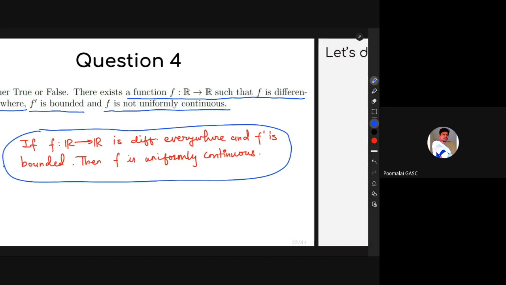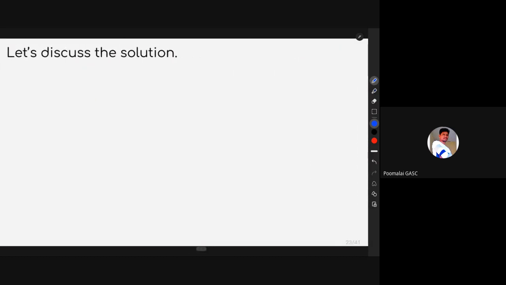The idea here is to use the mean value theorem, and I assume that you are already familiar with the statement of the mean value theorem. I'm going to state it anyway.